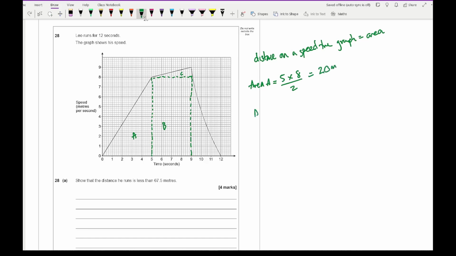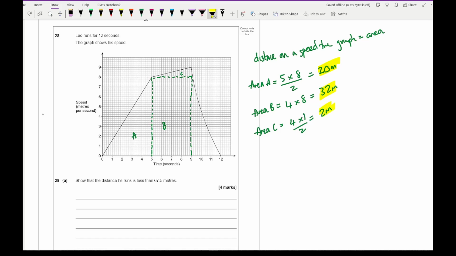Then the area of B is a rectangle, so it's got a base of 4 and a height of 8, so 8 times 4 is 32 meters. Make sure we don't forget the units. And the area of C is a triangle with a base of 4, a height of 1, and we divide that by 2, so that's going to give me 2 meters.